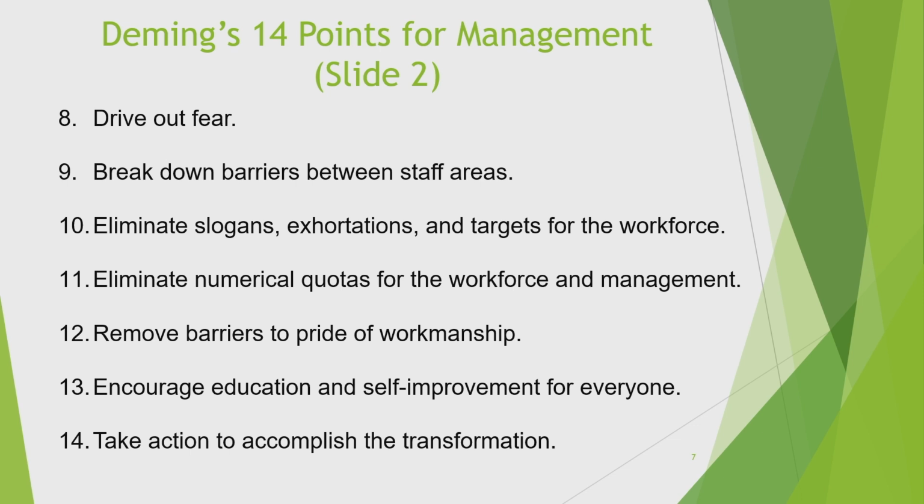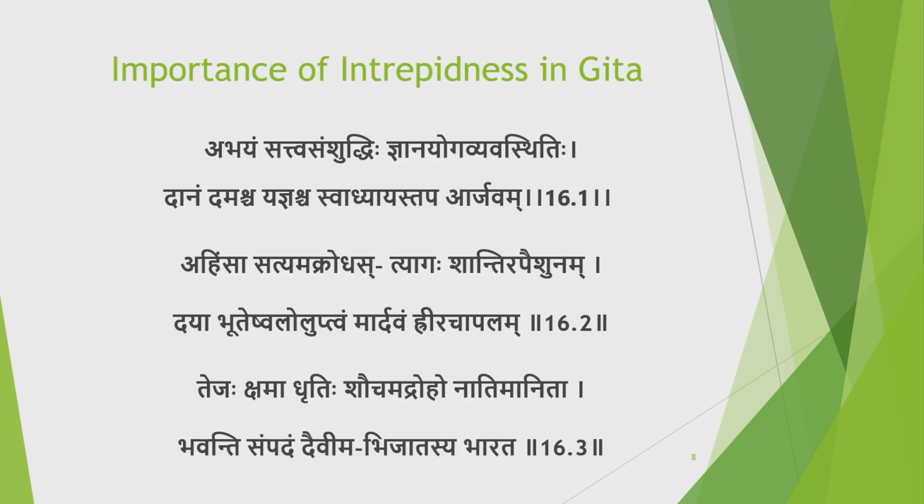In fact, some of these concepts can be found in our Indian knowledge system also. Even in the Bhagavad Gita, it is written that fear is a very bad thing, fear has to be eliminated, like Deming said, drive out fear. Similarly, in the Bhagavad Gita in chapter 16, Lord Krishna has told the 16 qualities of the Daivi Sampada.